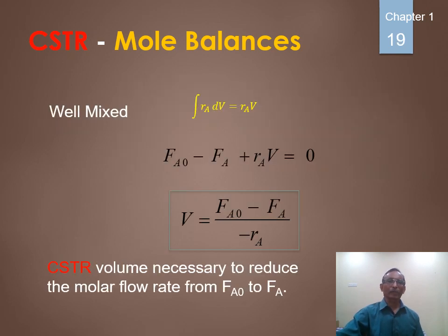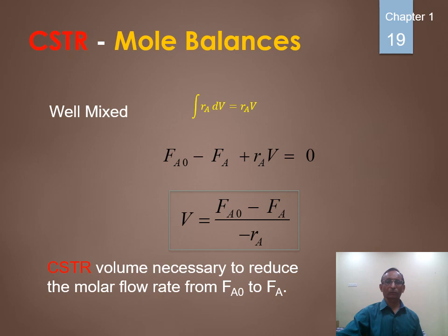For the CSTR, by assuming a well mix, the rate will be the same throughout the volume, per unit volume. Well mix means uniform, so V comes outside the bracket: the integral of RA dV equals RA times V. Your mole balance equation will be FA0 minus FA plus RA V equals 0. Rearranging gives V = (FA0 minus FA) divided by (minus RA).